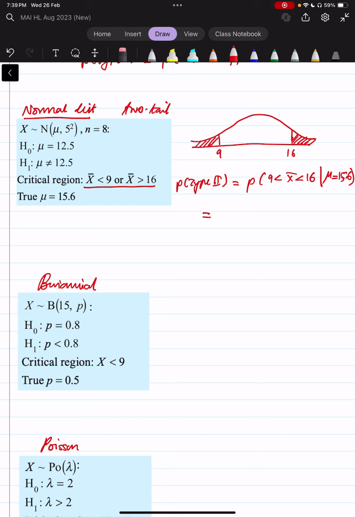So that's what you do on your calculator. Again, taking your sample size, your standard deviation will be 5 divided by root 8, by the central limit theorem. So what will I do? NCD, lower limit 9, upper limit 16, standard deviation 5 divided by root 8, and your mean is 15.6. So that's 0.589.